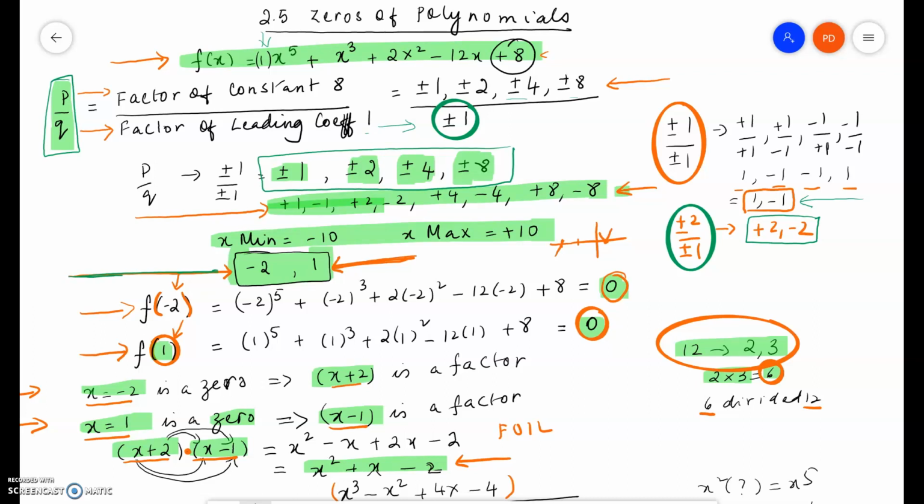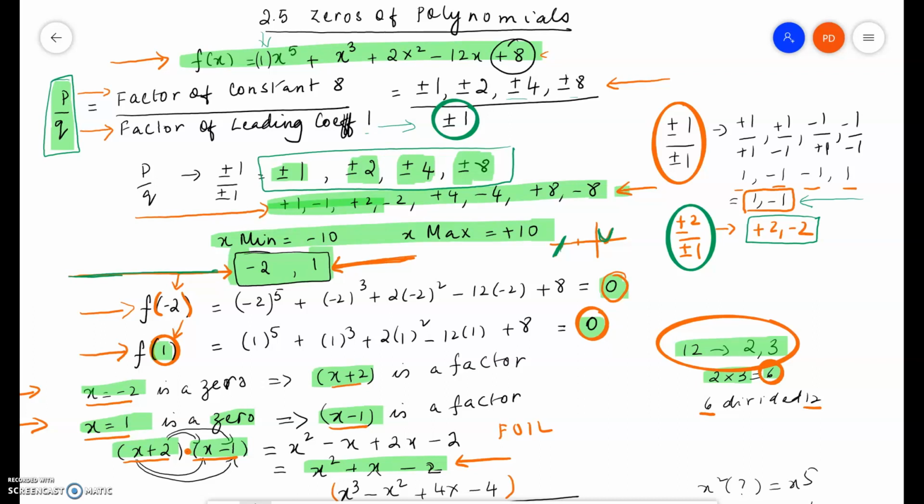The graph crosses at x equals negative 2, and the graph touches the x-axis at x equals positive 1. So roughly around negative 2 and positive 1. So I need to confirm that negative 2 and positive 1 are zeros.